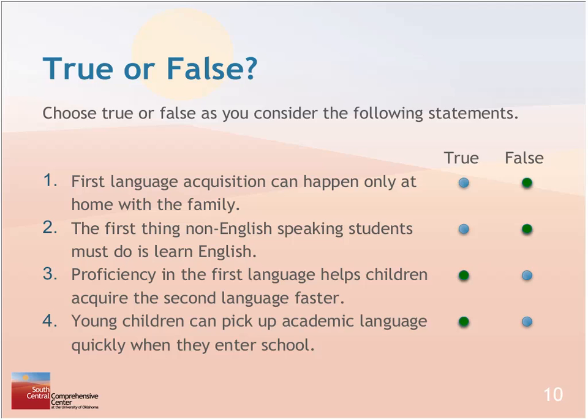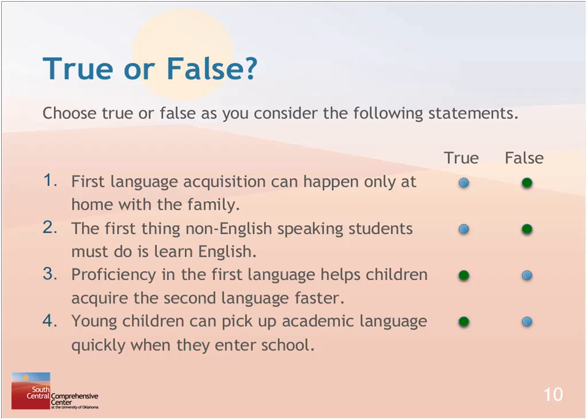Okay. First language acquisition can happen only at home with the family. Of course, that is false. Very good. The first thing non-English speaking students must do is learn English. Again, it's false. Correct. Proficiency in the first language helps children acquire the second language faster. That is true. The more proficient they are in the first language, the easier it's going to be for them to learn a second language.